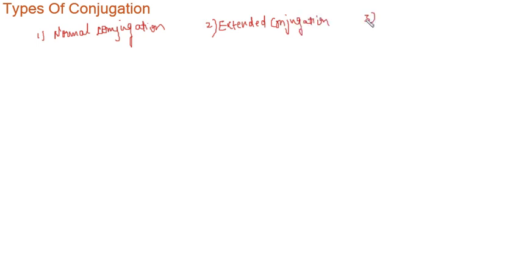And third is cross conjugation. So there are three types of conjugation: normal conjugation, extended conjugation, and cross conjugation.